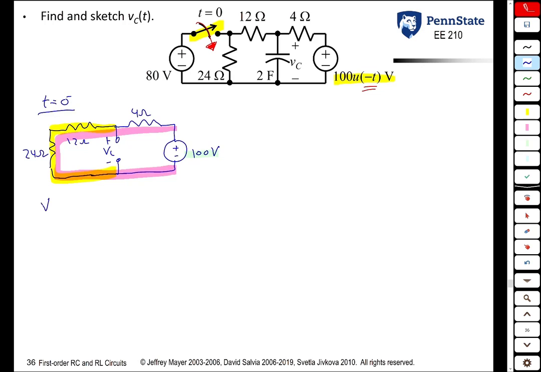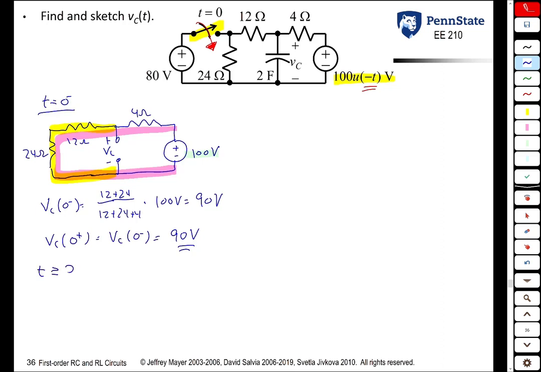So VC of 0 minus is equal to 12 plus 24 over 12 plus 24 plus 4 times 100 volts, or 90 volts. Likewise, VC of 0 plus has to equal VC of 0 minus, because the voltage across the capacitor cannot change instantaneously. That is also 90 volts.